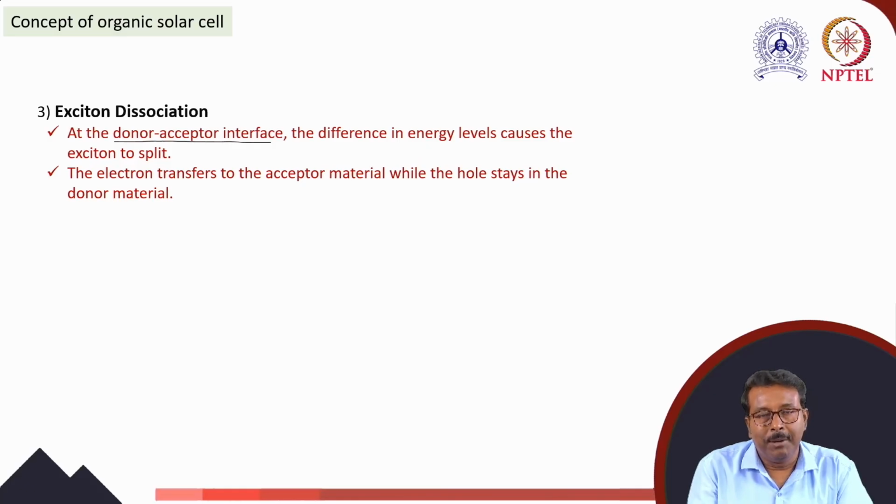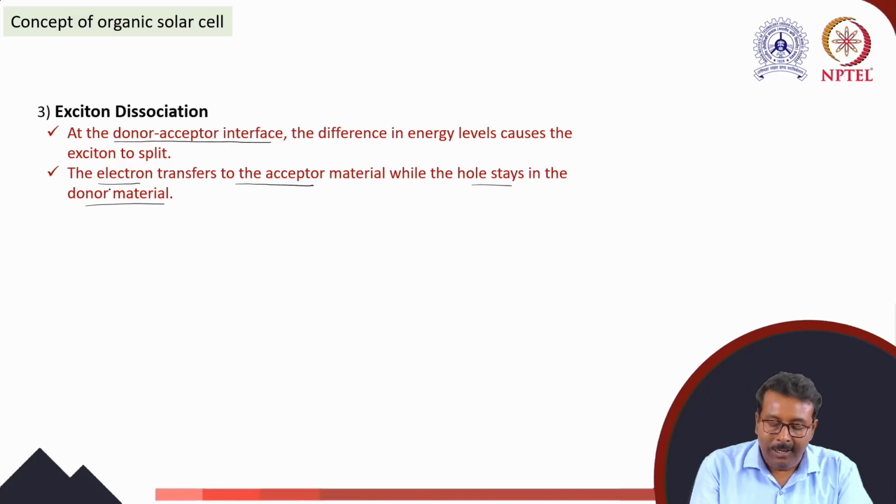Due to this energy level difference, there is a potential gradient, and that energy helps to dissociate or split the exciton before recombination. The electron transfers to the acceptor, because the acceptor is ready to accept electrons and the donor is ready to donate them. That means the electron transfers to the acceptor material while the hole stays in the donor material. This is a very important thing.